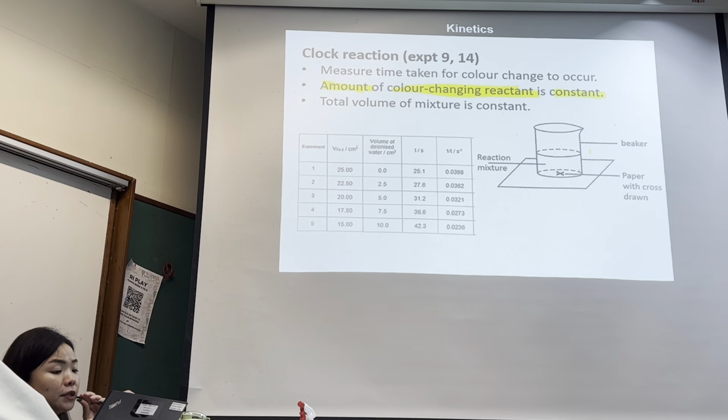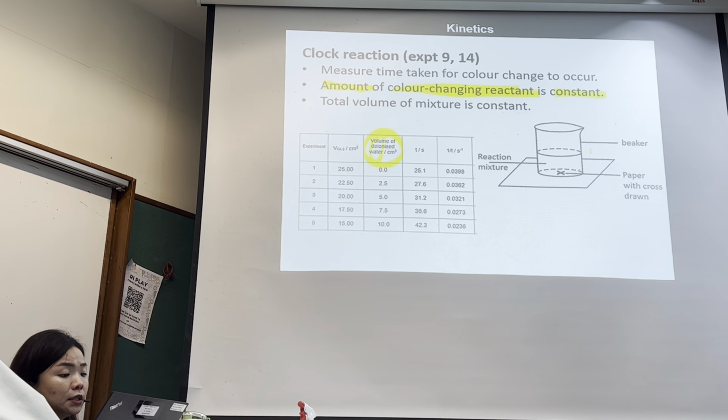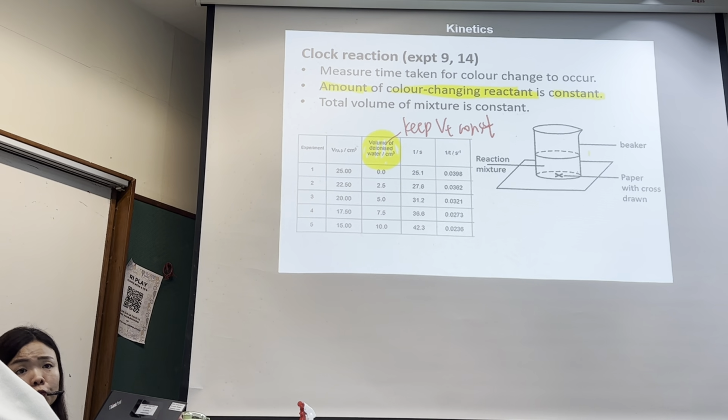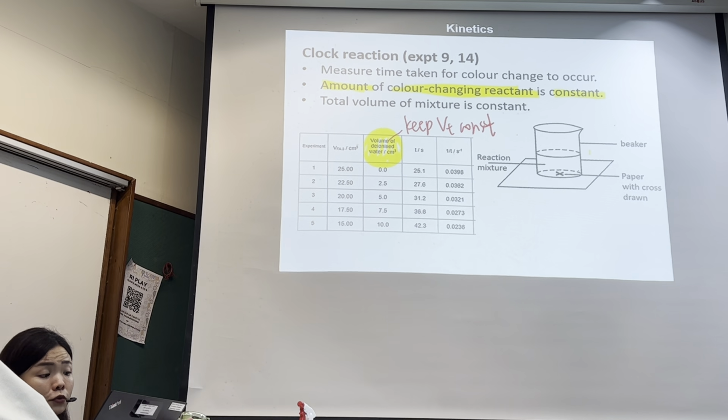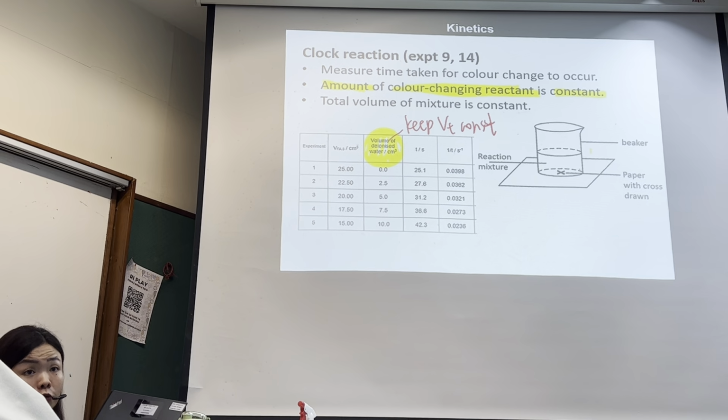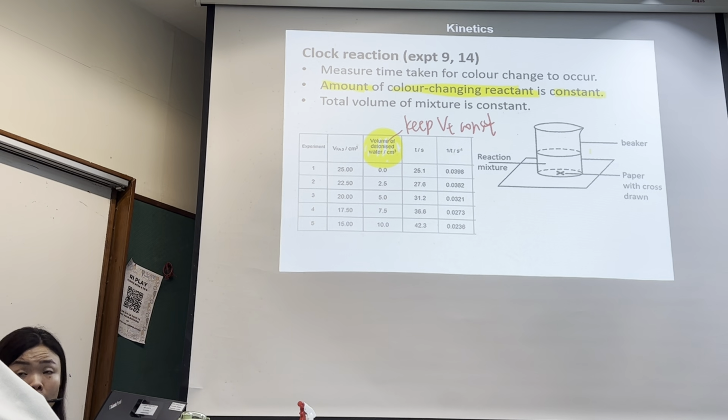Okay, for clock, please allow me to remind you, usually you will see this, because this will help to keep V total constant. Usually they give you one experiment, then you will repeat with a few other volumes, right? So when you repeat with a few other volumes, sometimes they will tell you the volume, sometimes you decide your own volume.